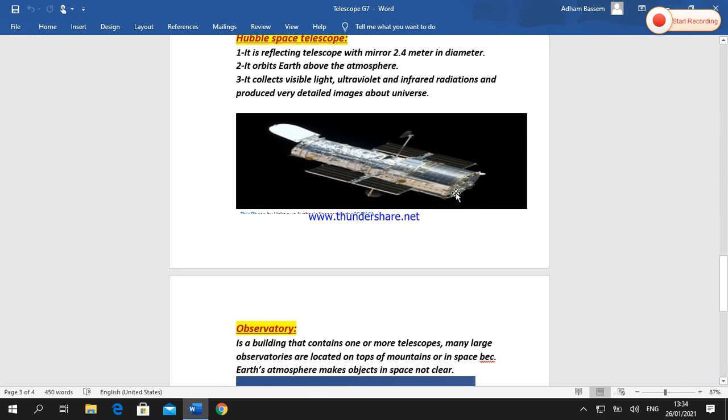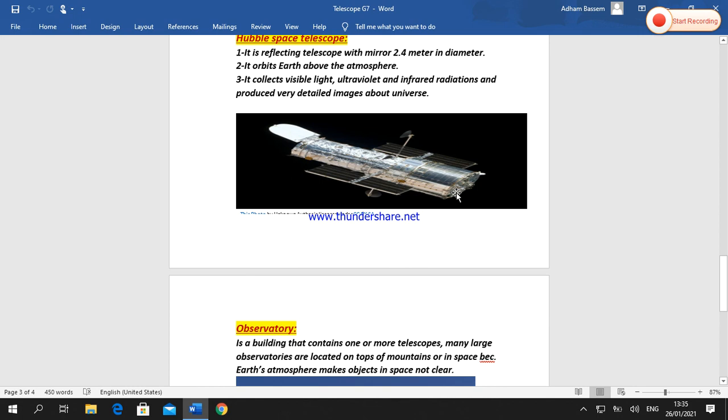The famous telescope nowadays is known as Hubble Space Telescope. Its type is reflecting telescope with a mirror 2.4 meters in diameter, so it has a large mirror. Hubble telescope orbits Earth above the atmosphere.